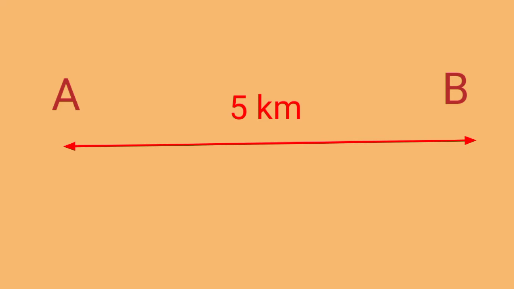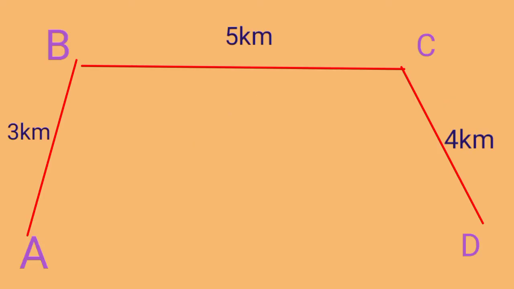Now to understand the meaning of displacement, look at the figure. There are 4 places, A, B, C and D, and the distance between them is given. The distance between A and B is 3 kilometers, B and C is 5 kilometers, and C and D is 4 kilometers.